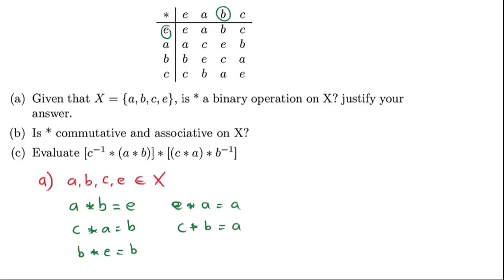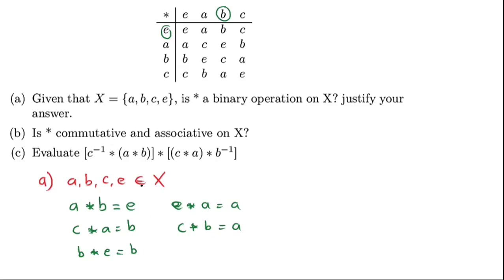The idea here is you can clearly see that for any two combined elements, we are still getting elements that are found in set X. So it means that the operation is binary, because whatever combination we get, we're still getting elements that are found in the same set, which is set X. So is star a binary operation on X?